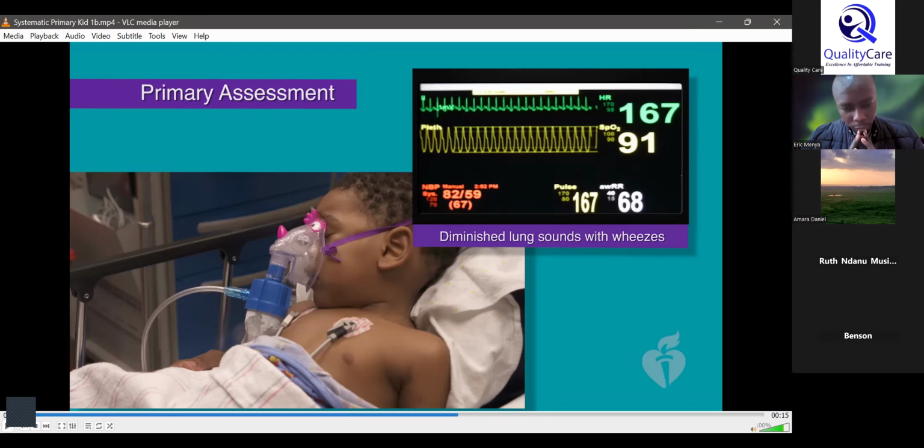Because first of all, there is tachypnea, increased work of breathing using accessory muscles, and also identified pathology, which is diminished lung sounds with wheezes. If it would have been the other types of respiratory failure, we would have required more parameters to see.